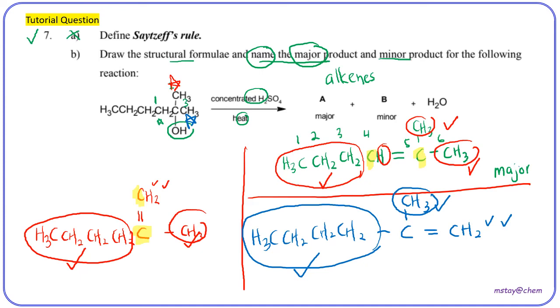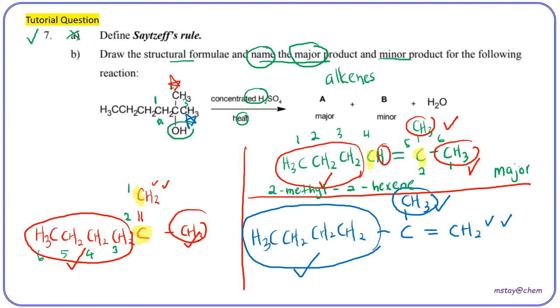Because if we go from right to left, carbon 1, carbon 2, that means the double bond will be at a lower carbon number, similar with the substituent. So this alkene will be known as 2-methyl-2-hexene.